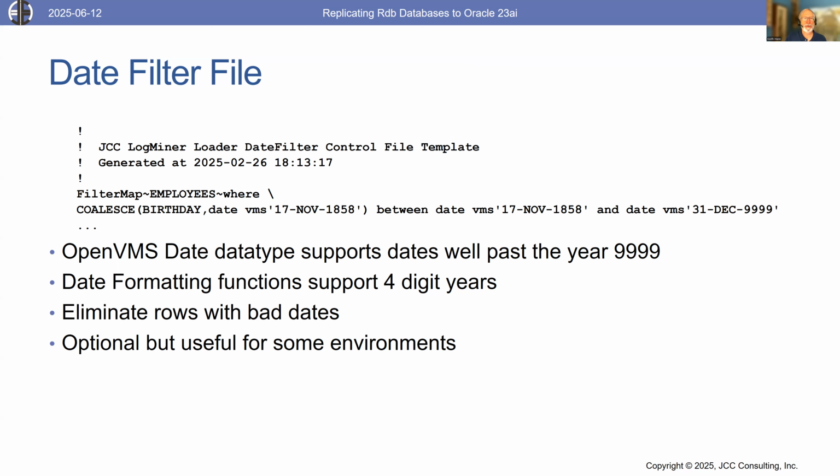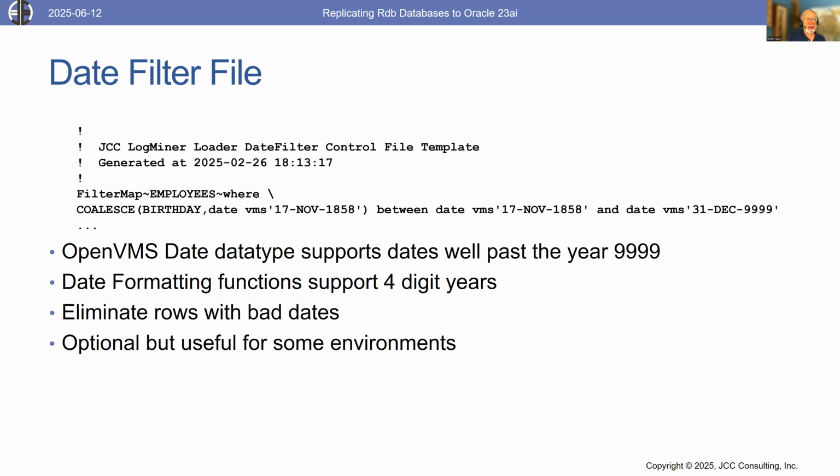What this filter does is it basically filters out any row where the date is not between the 17th of November, 1858 and 31st of December, 9999.